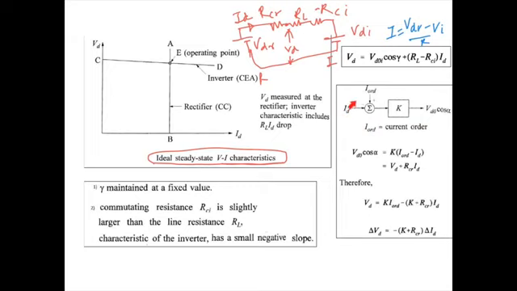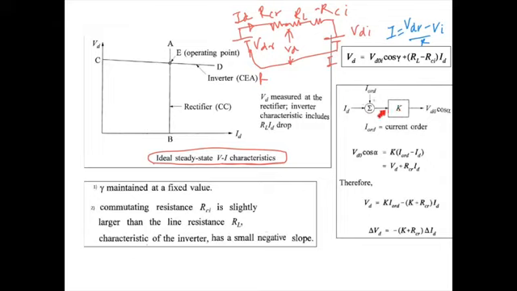The constant current controller at the rectifier can be expressed by this simple control scheme, where we can notice that this is the measured direct current from the DC link. This is the reference current which is required in the DC link in order to keep the current constant, and the difference represents the difference between two values, that is, the measured value and the reference value.